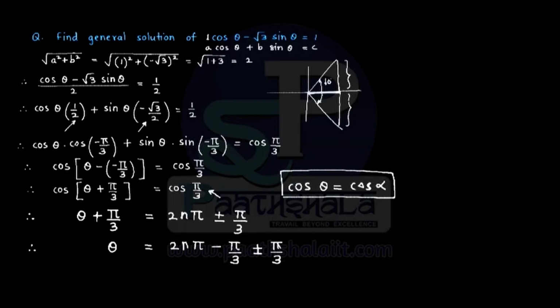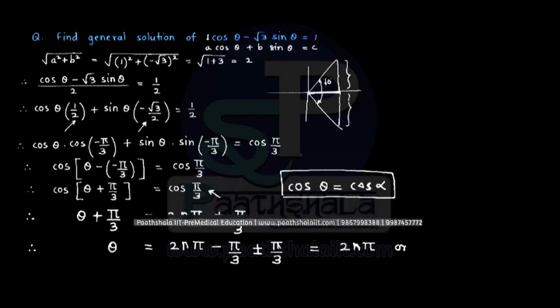So therefore if you consider plus sign, then pi by 3 and pi by 3 will get cancelled. So in that case what remains is just 2n pi, and if you consider minus sign, so then we have minus pi by 3 minus pi by 3, which is minus 2 pi by 3.